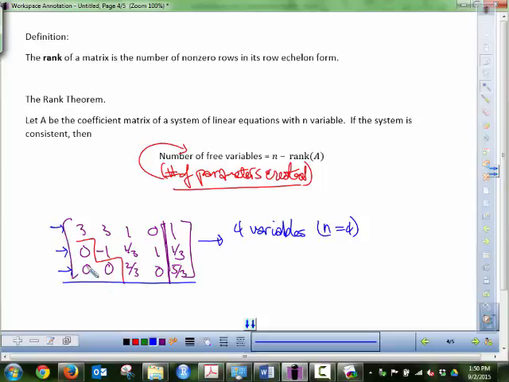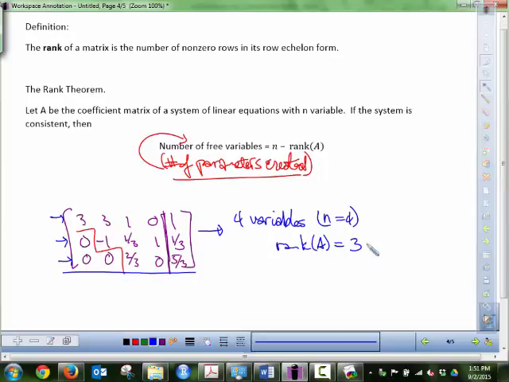We weren't able to eliminate a whole row, make a whole row full of zeros, so we have to count all the rows. So the rank in this case is equal to 3. And then if you look at our solutions, we had one free variable. And so we can put this into this equation that says that the number of free variables is equal to the number of variables minus the rank.